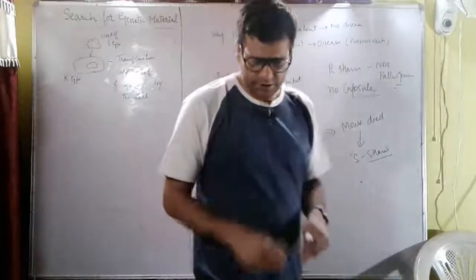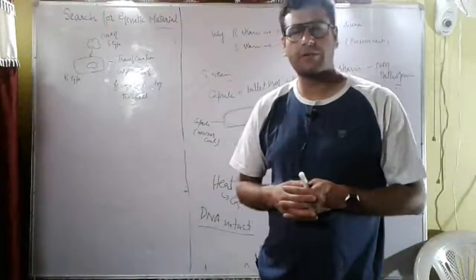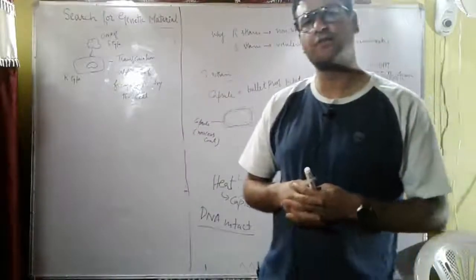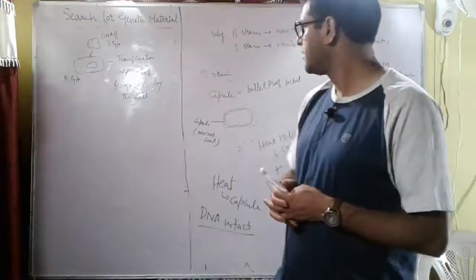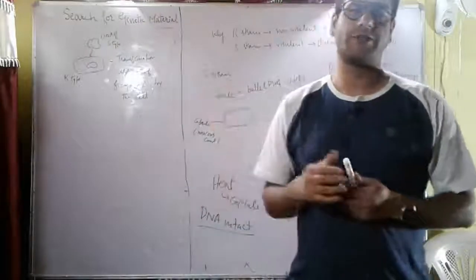So we discussed what the transformation experiment is, what the Griffith effect is. This Griffith transformation experiment is also called the Griffith effect. Then we discussed the R strain type of bacterium and the S strain type of bacterium.